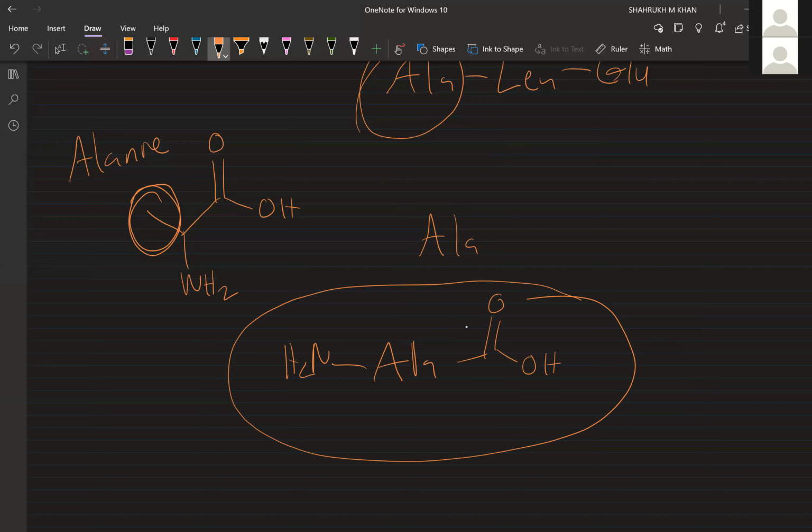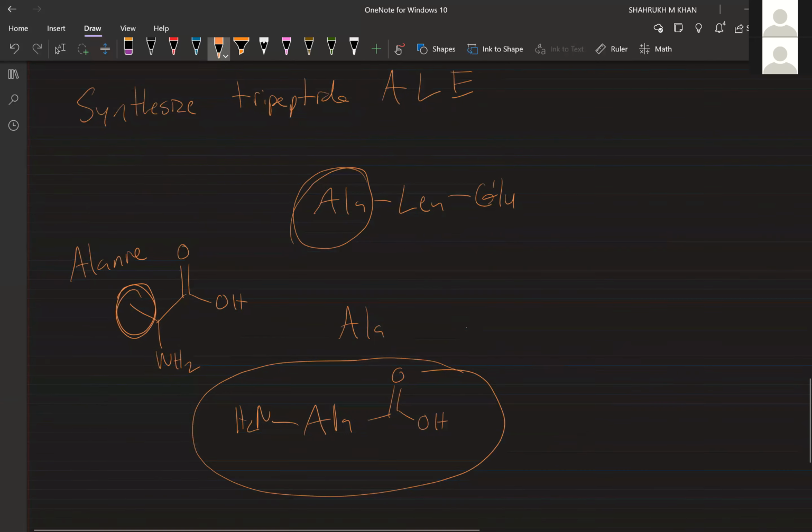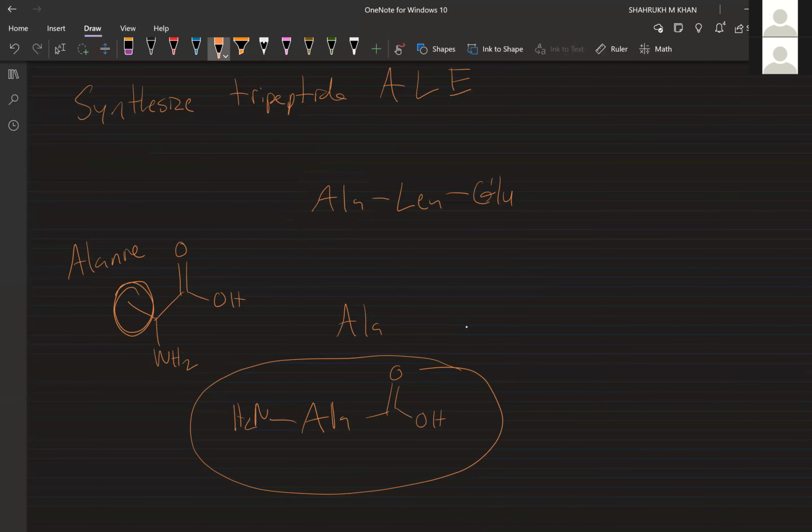So you have to pick a side here. The one we're trying to synthesize is ALA, LEU, GLU. Left to right, does it go N to C or C to N when we write peptides?